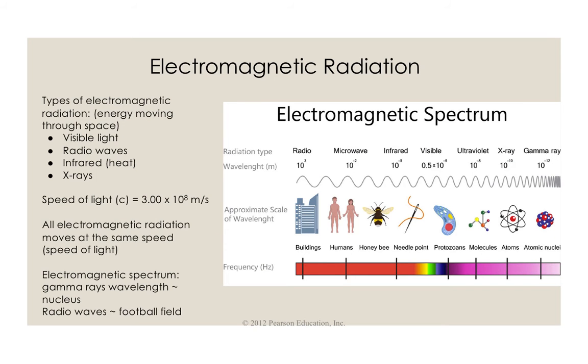Now that we understand that, electromagnetic radiation, which is one way that energy is transferred, travels in waves. Depending upon the characteristics of that wave, we can end up with different types of electromagnetic radiation, different ways of energy moving through space: things like visible light that we can see, radio waves, which is what's used to transmit radio signals, infrared, which is one way that heat gets transferred.